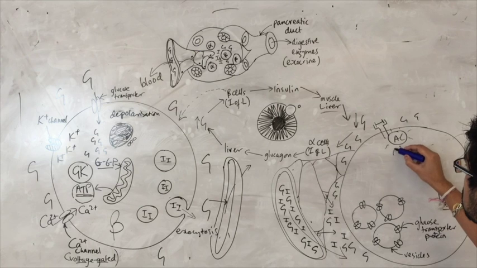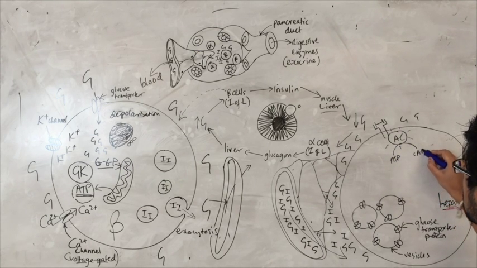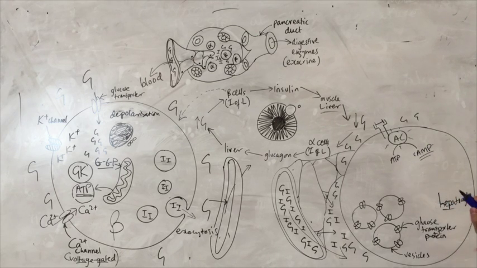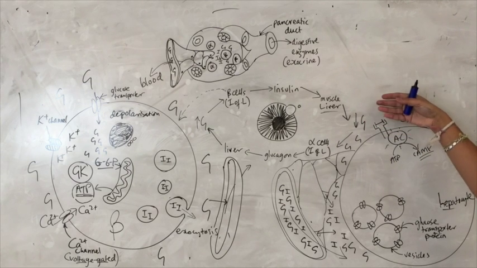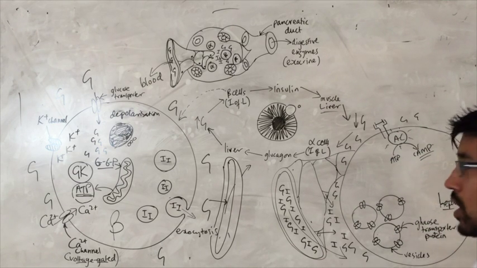This enzyme converts ATP into cyclic AMP. Okay, and cyclic AMP is the secondary messenger, and we say that because we covered that in the previous video, didn't we? So insulin, the hormone, binds outside. It causes a production of something inside the cell, which then causes various things to happen inside the cell.